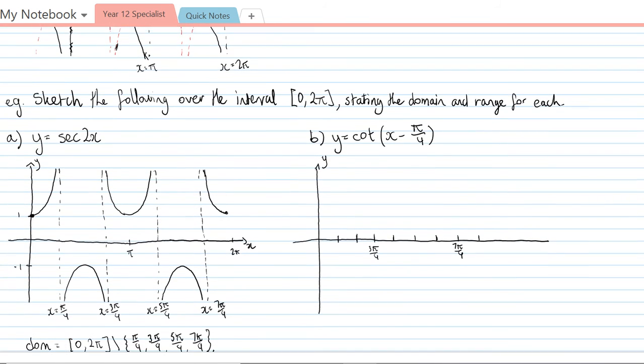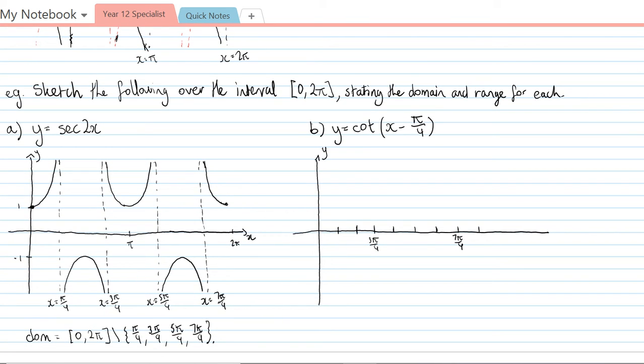So that's going to be at pi on 4, and then 5 pi on 4. That's all we'll have in that interval. And so then I can just kind of draw the shape of it.